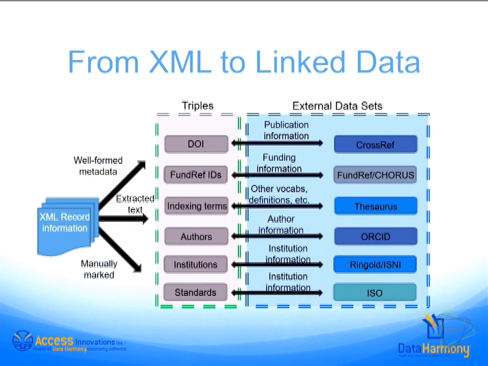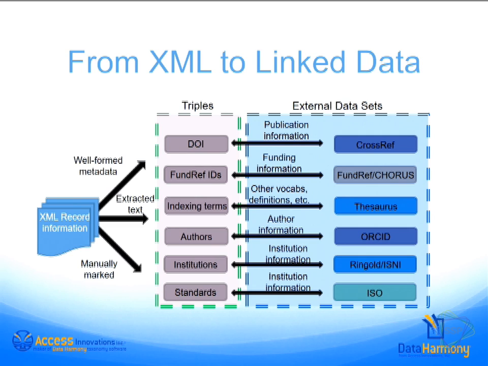So somebody has an XML record, as you see on the left, and some different kinds of triples that you could build, maybe for DOIs and for authors, standards, institutions, and so forth, and maybe linking to external data sets, but certainly data sets outside of the database you're working within.